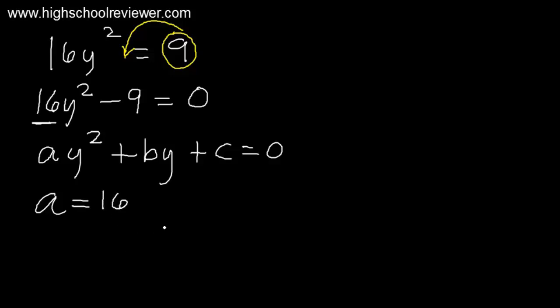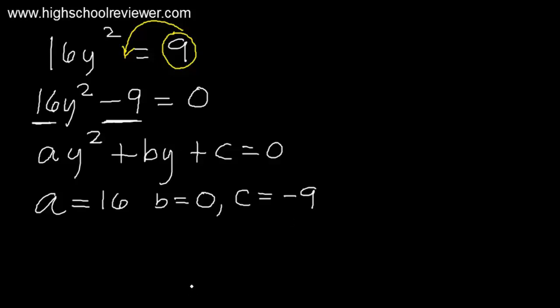Now, b is the numerical coefficient of the second term, but there is no term with the y variable here. So since there is no term, b will be 0. And our c is our constant, and this is negative 9.